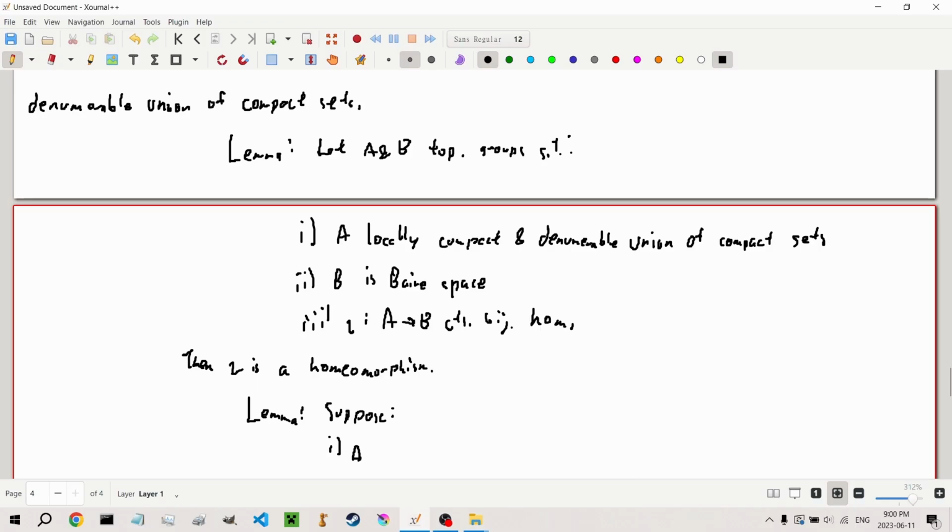One, A needs to be a locally compact topological group, being a denumerable union of compact sets.